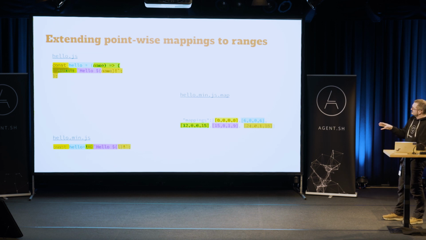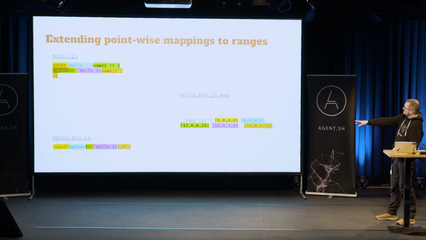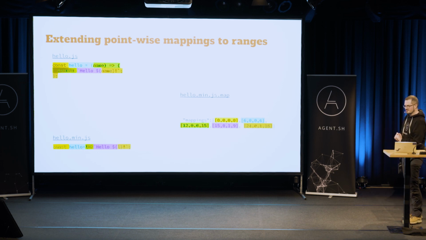And you see in this case it also mostly makes sense, except that, for example, the L parameter, which is the minified version of name, points to more than just the L, so it also includes things afterwards. So we don't really map names to names. Also the hello not only contains the name hello, but also the equal sign afterwards. So when we map things to translate names, for example in the scope, we need to remove some garbage from it to make sense of it.